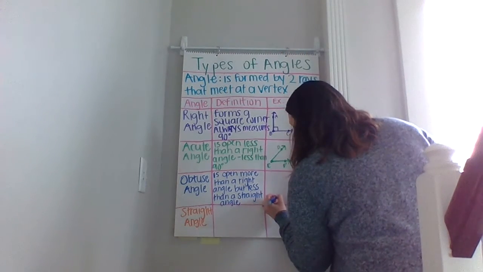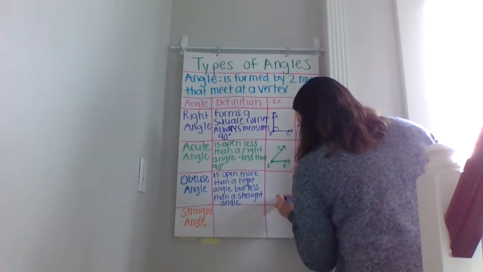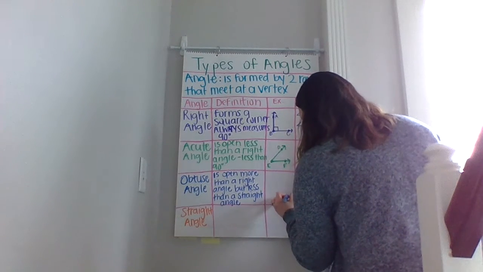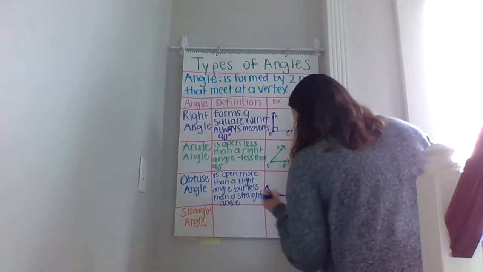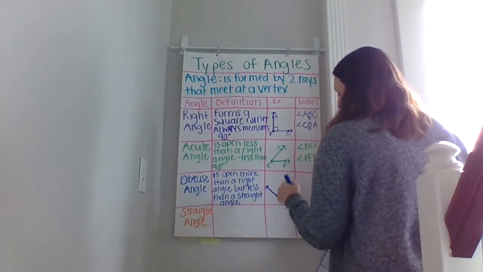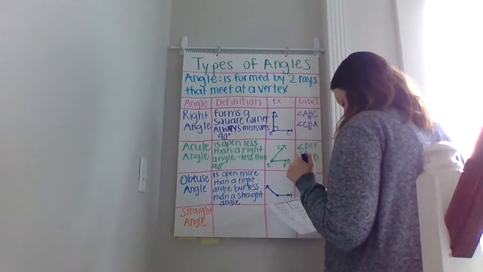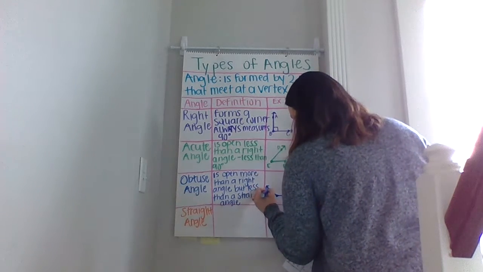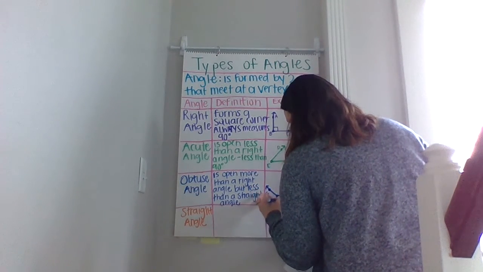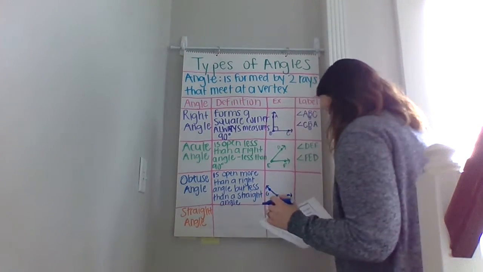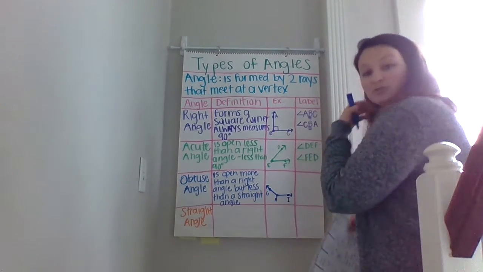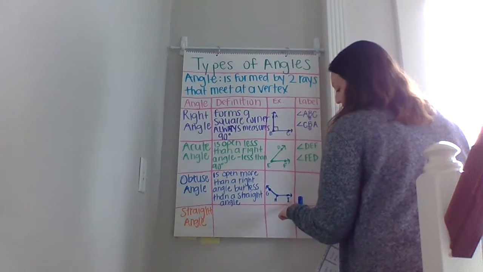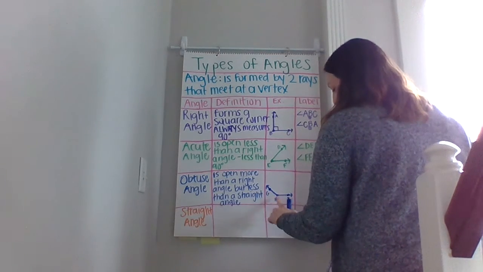I have my vertex, my ray that goes straight out, and then my other ray, it's going to open bigger than my right angle. So this is G, H, and I. So here's my obtuse angle, angle GHI, or angle IHG.